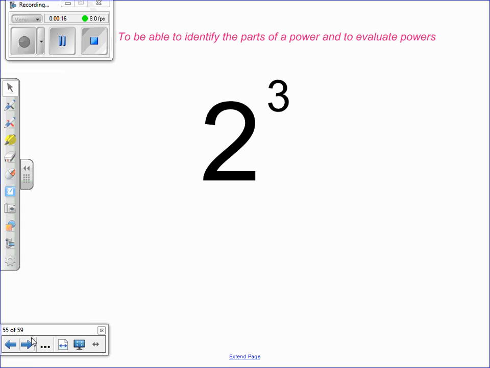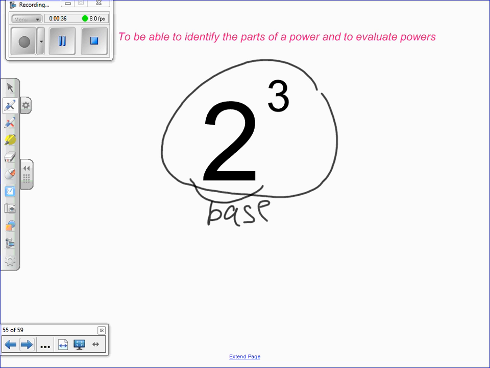All right, so what you see in front of you right now, the big 2, the little 3, that whole thing all together is called a power. We can break a power down into 2 parts. We have the base. The base tells us what number is being multiplied, what factor is being multiplied. So in this case, 2 to the 3rd power, our base of 2 tells us that we're only multiplying 2's.